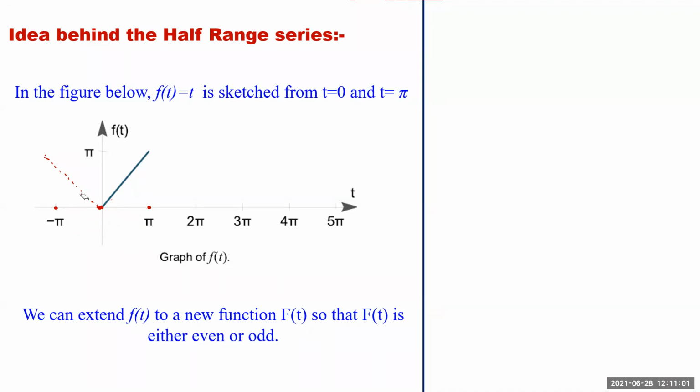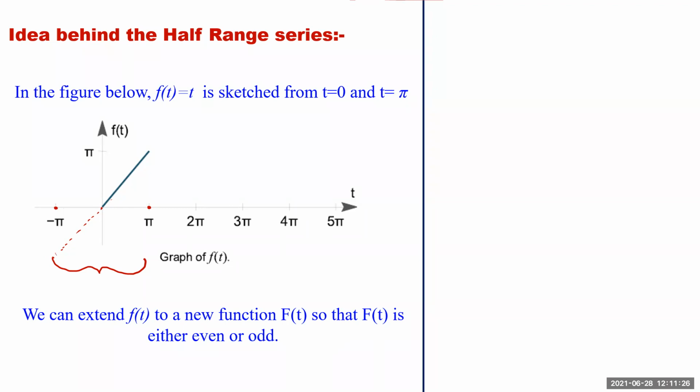Or I want to extend it as an odd function. Then what can I do? I can draw the graph of the function in minus pi to 0, so that it is symmetric about the origin. So I can draw it like this. Now this function which you have defined in the interval minus pi to pi is an odd function. It is symmetric about the origin in the interval minus pi to pi.